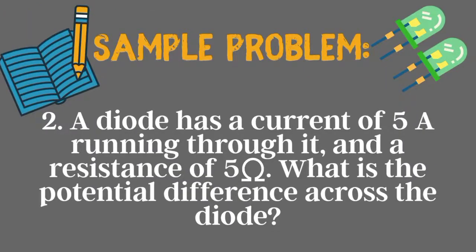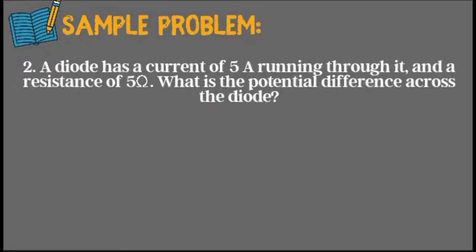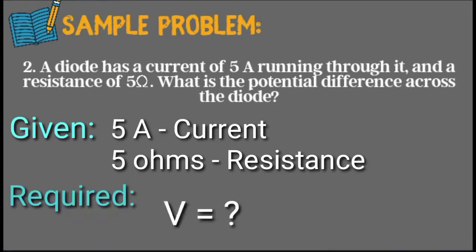A diode has a current of 5 amps running through it and a resistance of 5 ohms. What is the potential difference across the diode? For our given, 5 amps is the current and 5 ohms is the resistance. We are required to find the potential difference, or the voltage.